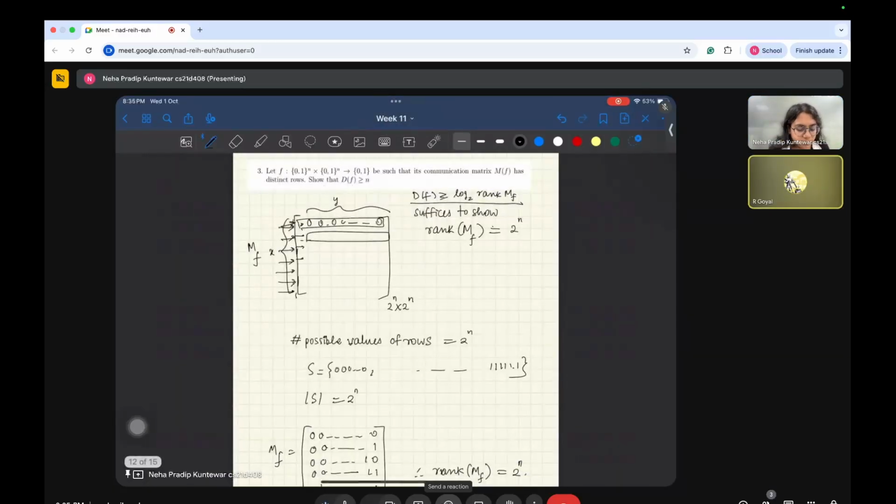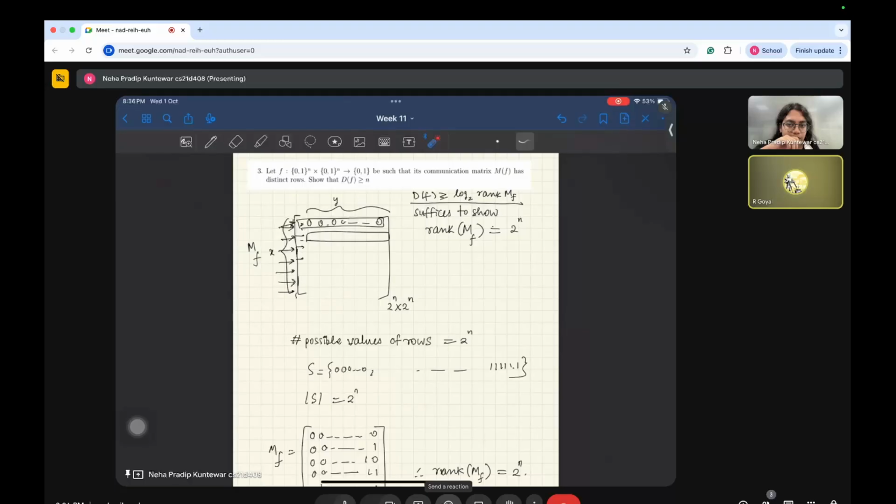Okay. So I have a query here: what's the relation between designing a matrix and relating it to communication complexity?